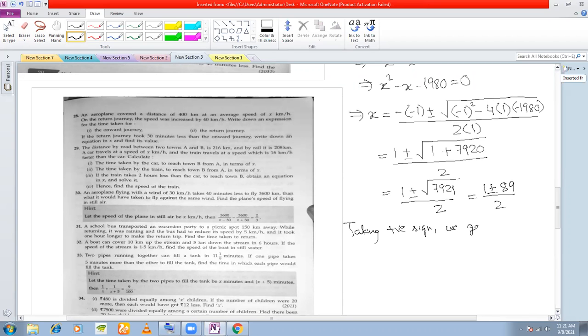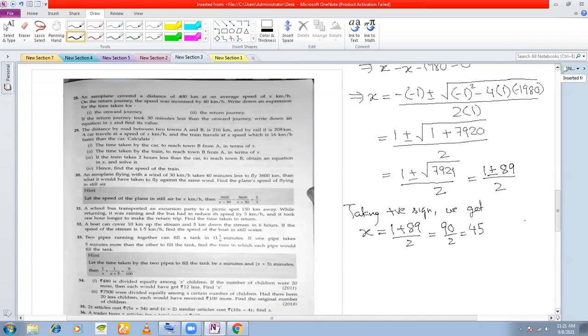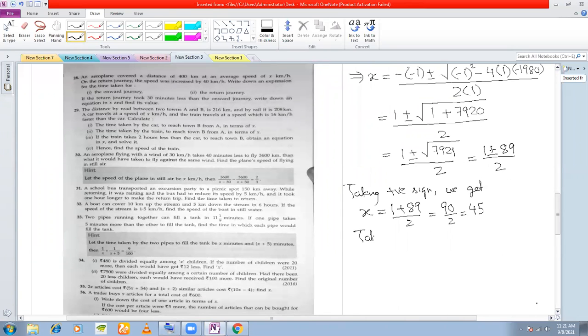we get X is equal to 1 plus 89 divided by 2, is equal to 90 divided by 2, which is equal to 45. Taking the negative sign, we get X is equal to 1 minus 89 divided by 2, minus 88 divided by 2, which is minus 44.